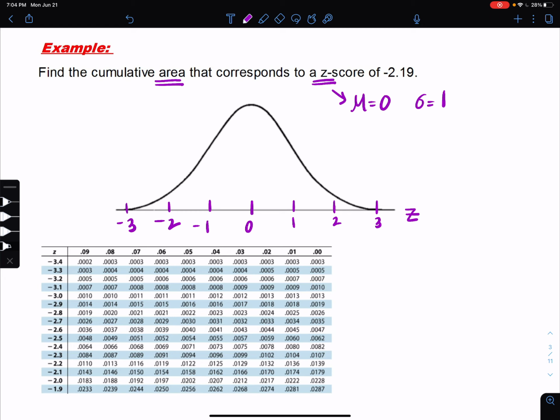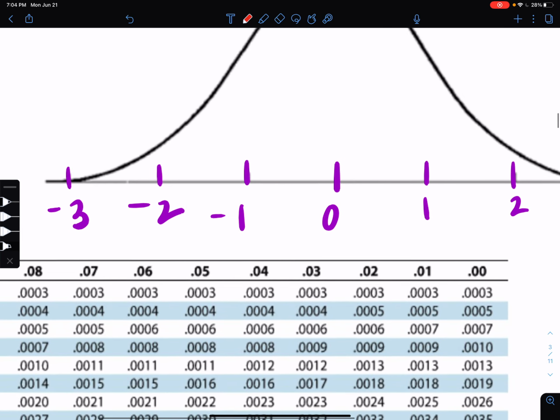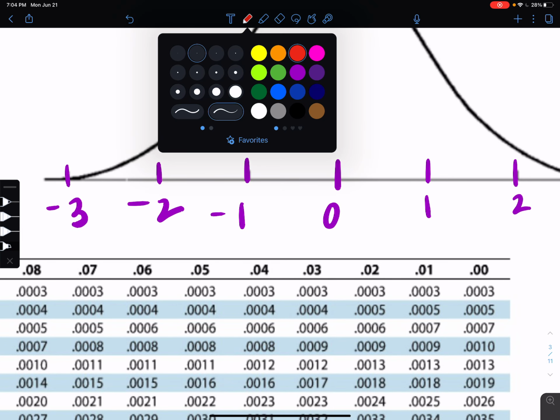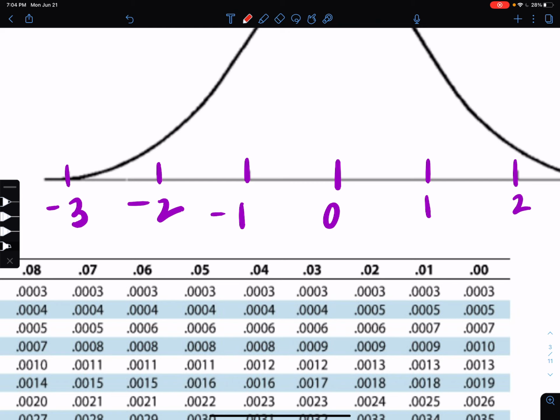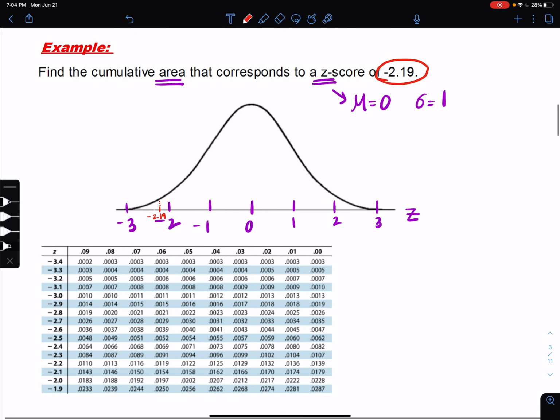And then I'm going to shade in what I'm being asked to find. This wants me to look at a z-score of negative 2.19. If I wanted to approximate that, it would be a little bit past negative 2. I'm just approximating here, and I could section off the curve at that point.